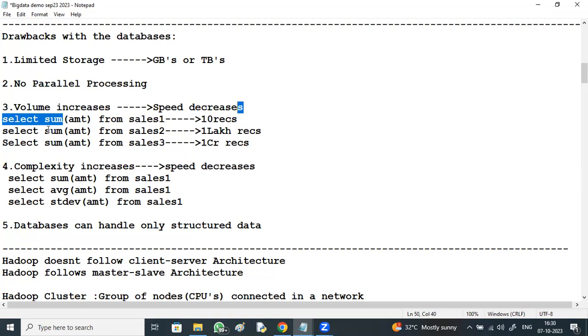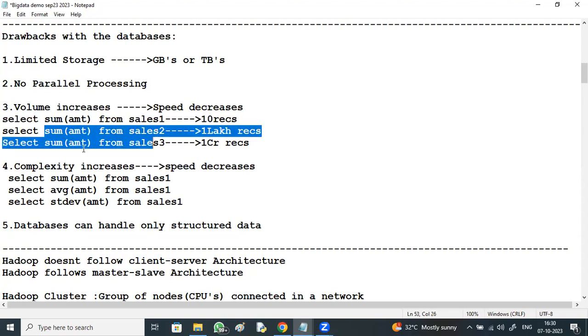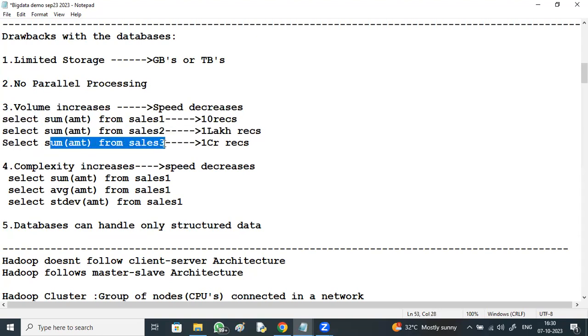How does speed decrease as volume increases? Take total amount from sales one, total amount from sales two, total amount from sales three.